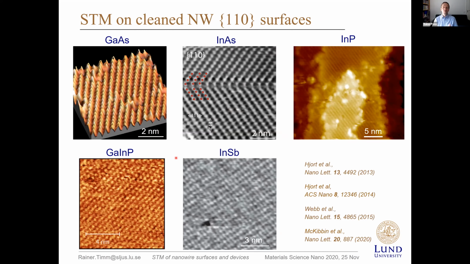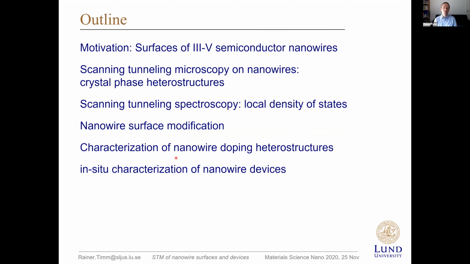So after this motivation for why we want to use scanning tunneling microscopy, STM, and other surface techniques on these nanostructures, let me introduce the outline of this talk. After introducing this, I will focus on different heterostructures. So that is not only the nanowire surface by itself, but especially what's interesting is what happens if we have an interface towards, in this case here, another crystal structure.